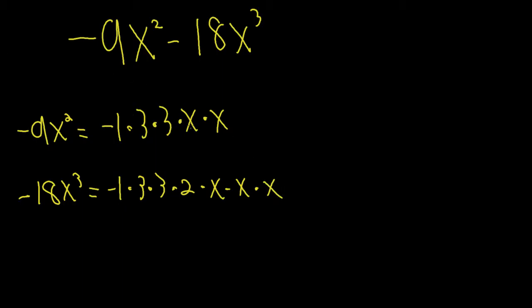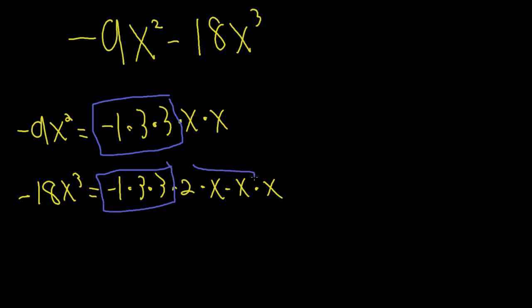So again, we find our GCF, and now they have negative 1 times 3 in common. They also still keep their x times x in common. And again, maybe I'll just put the 1 here, times 1. So they have in common negative 1 times 3, which is negative 9.